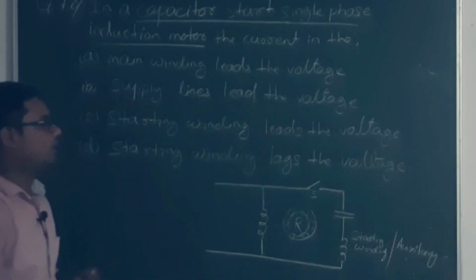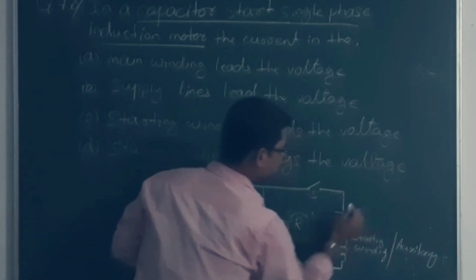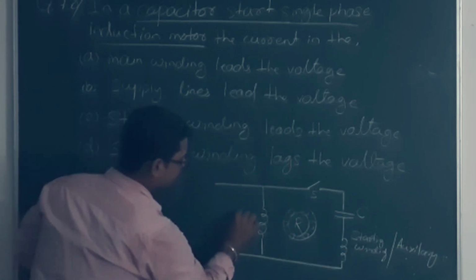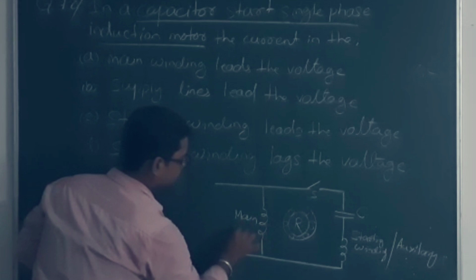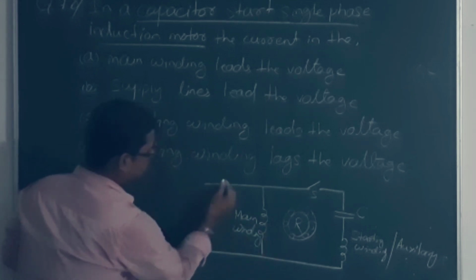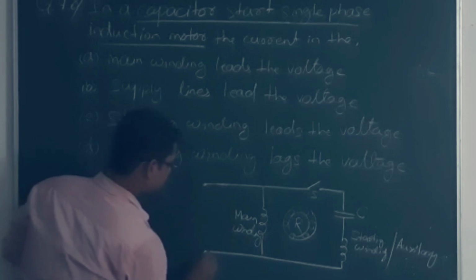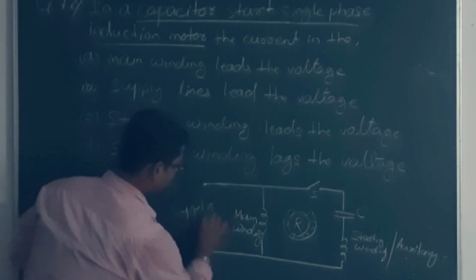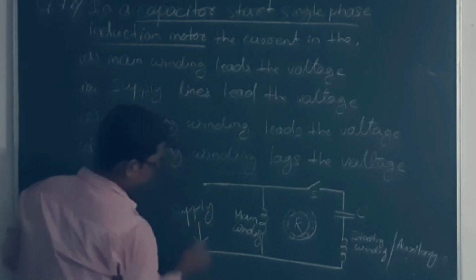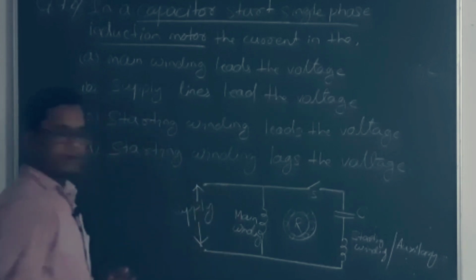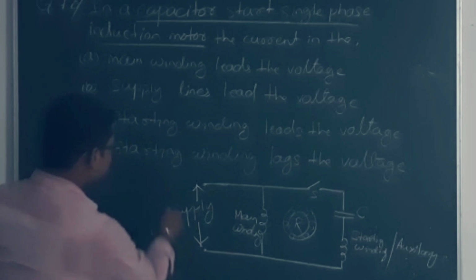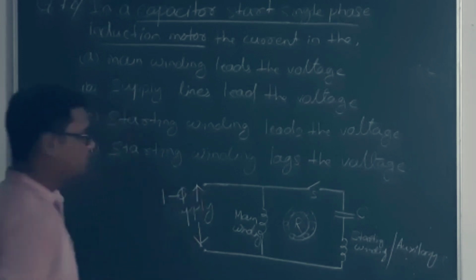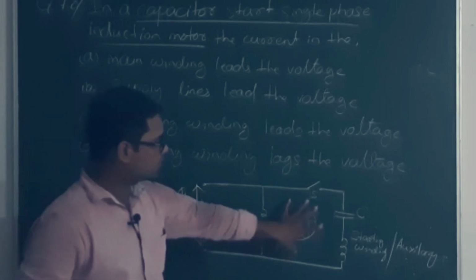This is your capacitor, and this is your main winding, and this is your supply. This is a single phase supply. This is the main winding and the rotor.